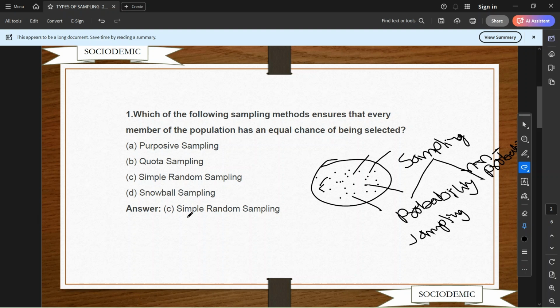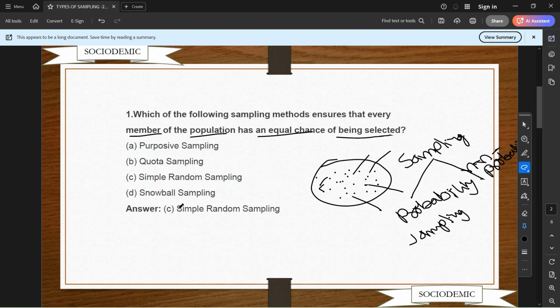So here is the first question. Which of the following sampling methods ensures that every member of the population has an equal chance of being selected? Equal chance of being selected. We don't know whom to select, but we select randomly.